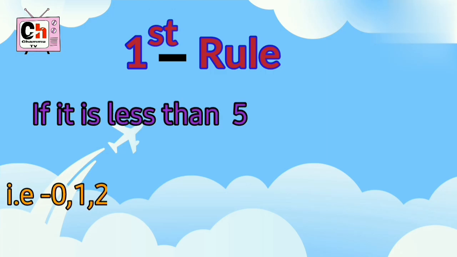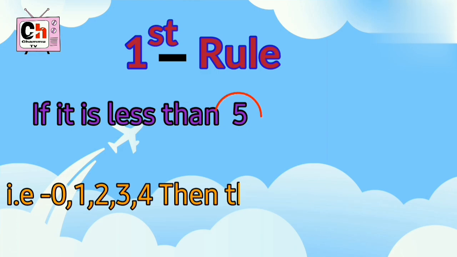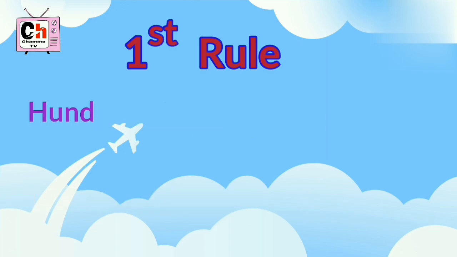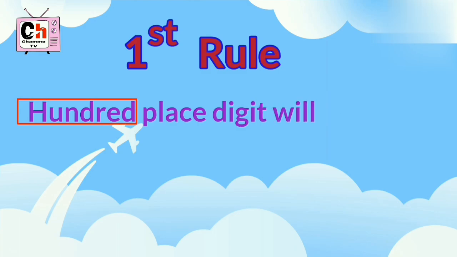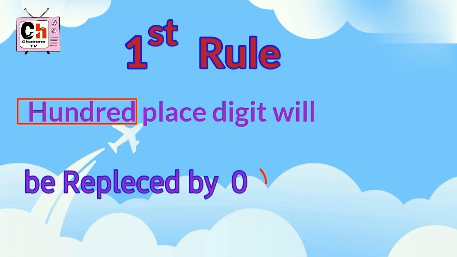If it is less than 5, that is 0, 1, 2, 3, 4, then the 100 place digit will be replaced by 0.